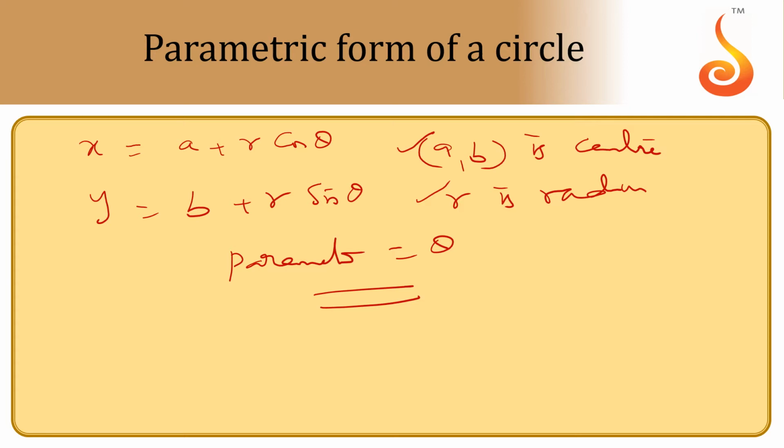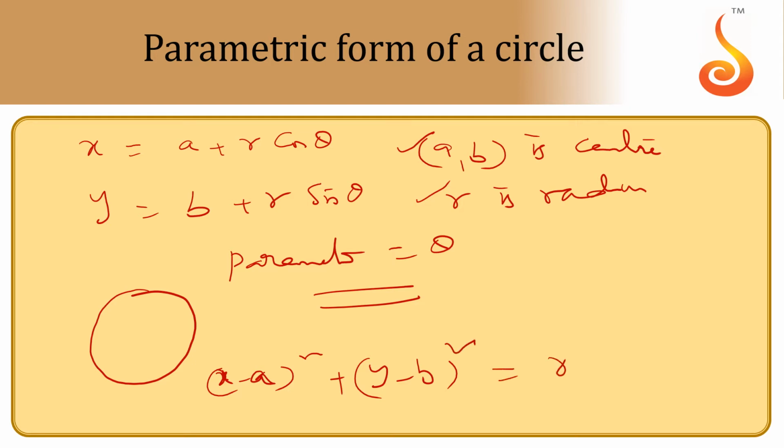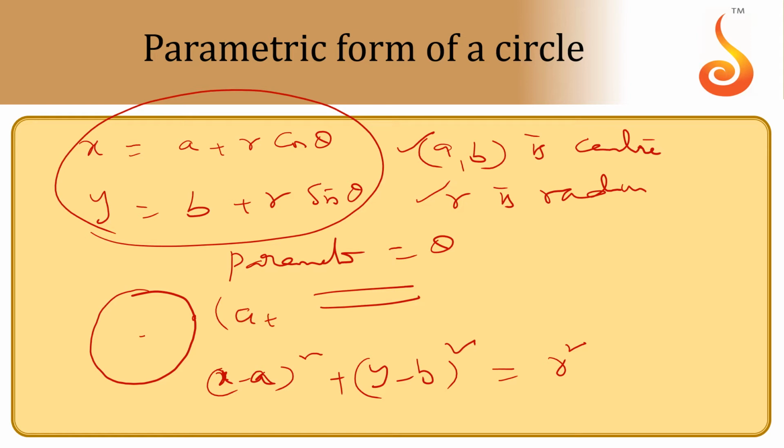So on the circle x minus a whole square plus y minus b whole square equals r square, any point x comma y, that is a plus r cos theta comma b plus r sin theta, we will name it as theta. So from now onwards, if I call a point theta on a circle, try to understand I am talking about the parametric point on the circle.